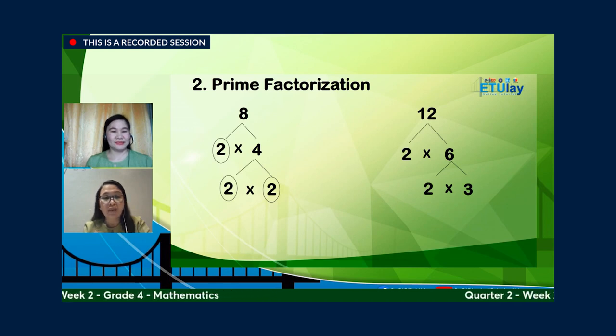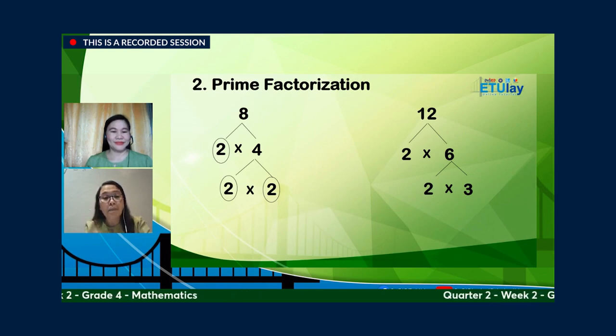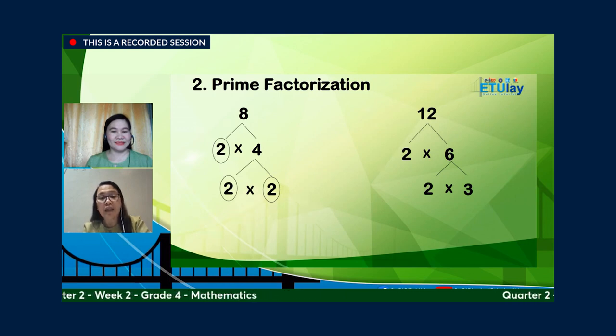So for 8, we have 2 times 4, and then for 4, 2 times 2. Okay, so 2 times 2 times 2 is the prime factorization of 8. For 12, we have 2 times 6, and then for 6, we have 2 times 3.